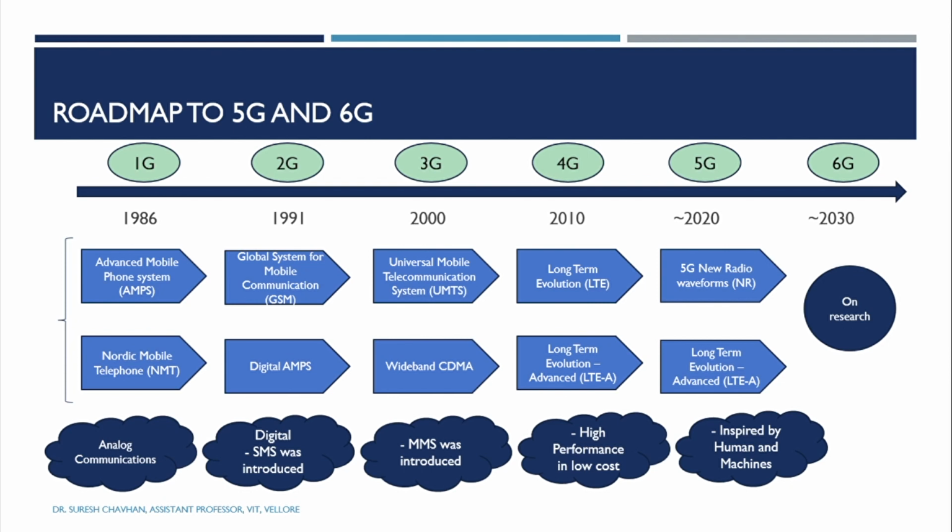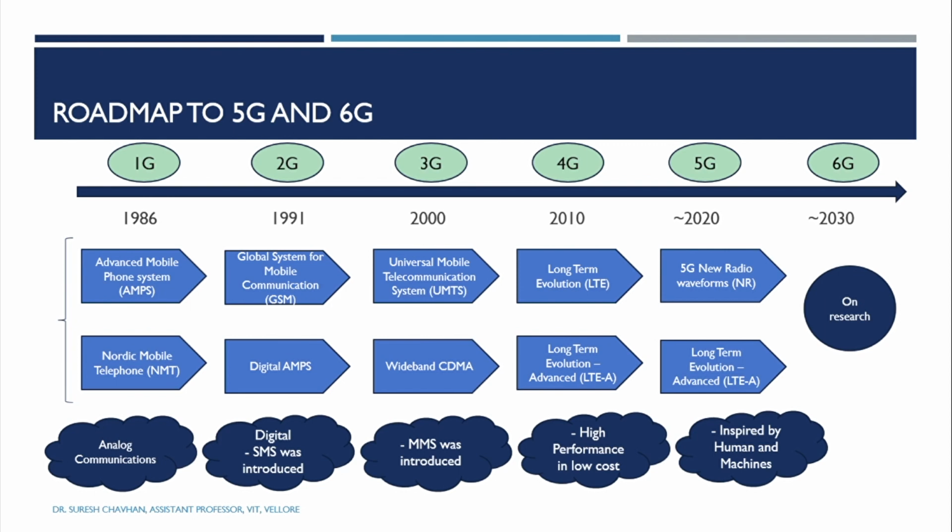So moving on to the next slide, that's the roadmap to 5G and 6G: how we have reached 5G and how we are going to reach 6G. In 1G, there was only analog communication, and the main technologies were the Advanced Mobile Phone System, AMPS, and Nordic Mobile Telephone. There was a huge amount of research on this, and in 1991 they introduced the second generation.